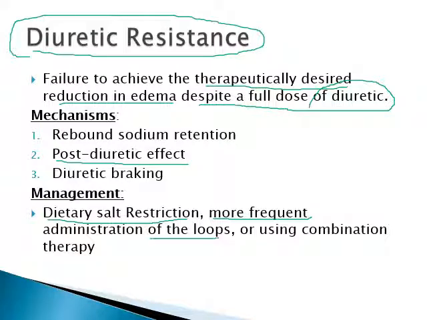So you have to increase the dosing, decrease the dosing interval, give it more frequently, or you can use another agent along with the loop diuretic, that is a thiazide group of diuretic, that will have synergism in causing diuretic effect. They will cause sequential blockage of the transporters involved in sodium and water retention. So this is the management of diuretic resistance.